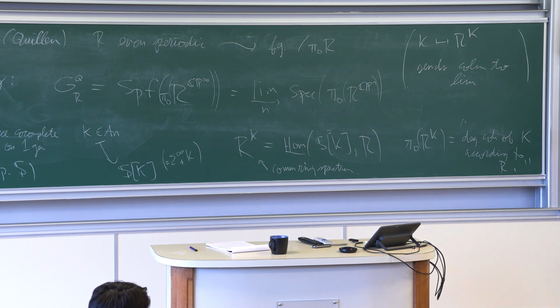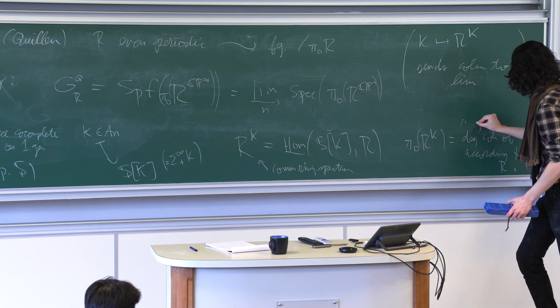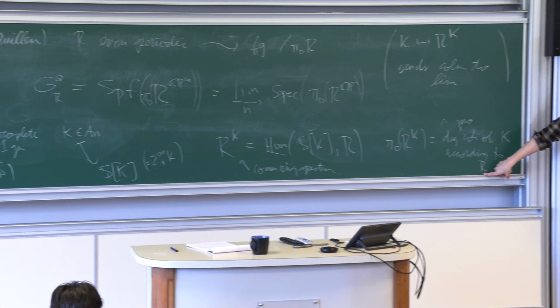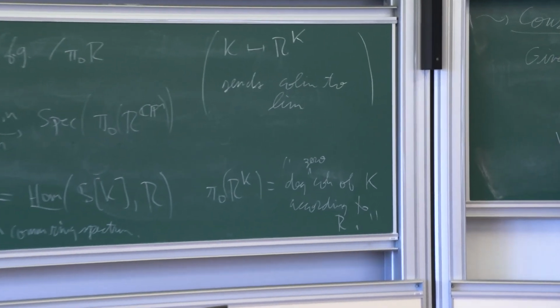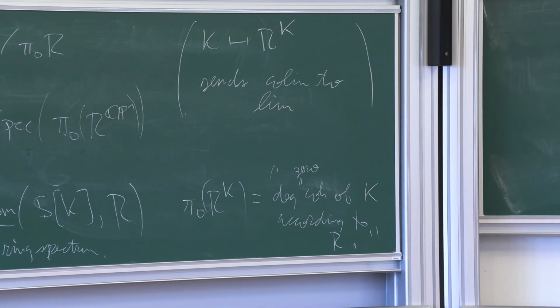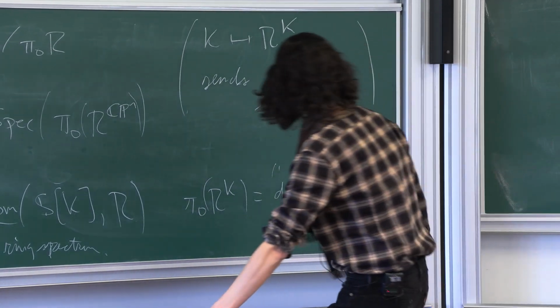Sorry? The sentence explaining pi 0 of R to the K? It's the degree 0 cohomology of K according to the cohomology theory R. So for example, let's do an example.